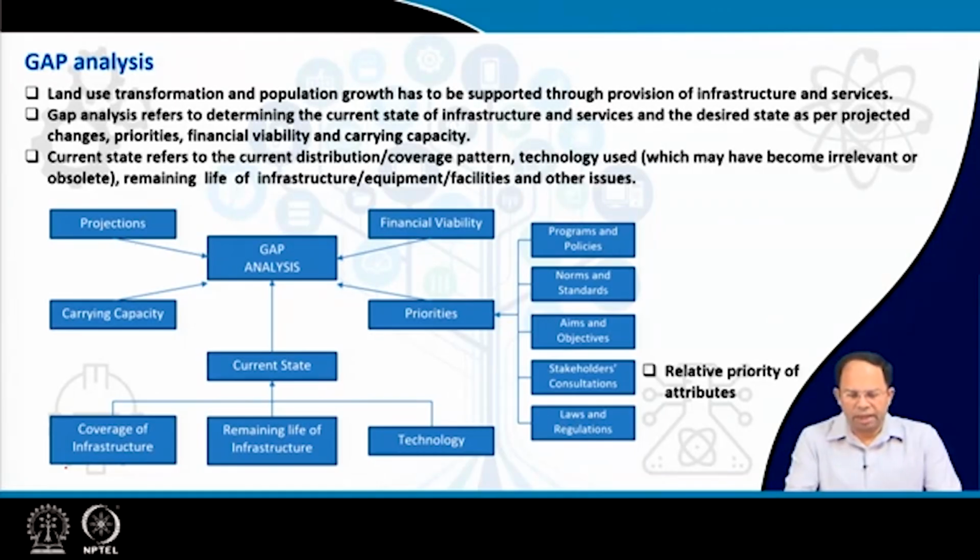As you can see in this particular image, the desired state is a function of stakeholder consultations, which involves the different stakeholders in the process and also the actual public. So, public is definitely involved, right? What people want, what are the things that they want improved, this has to be considered. This is one very important part of determining gap analysis.